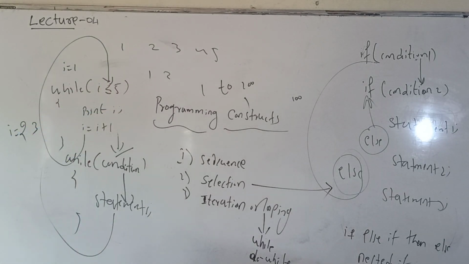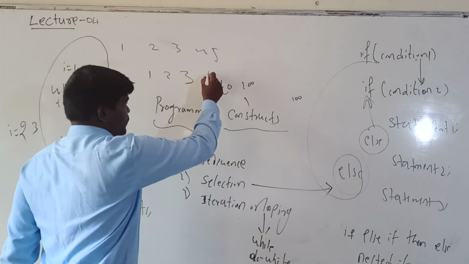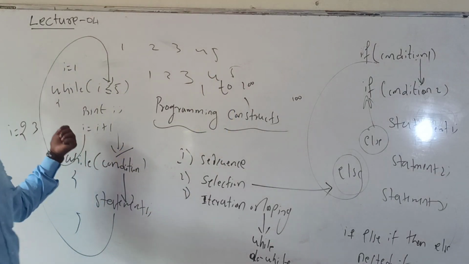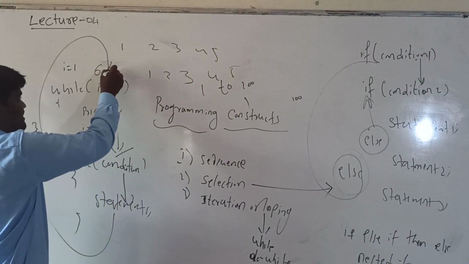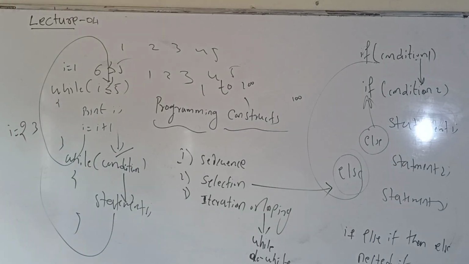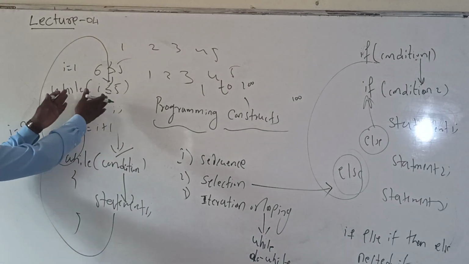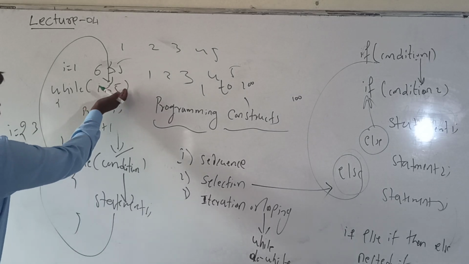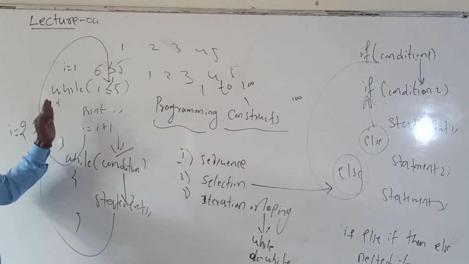Again 3, next 4, next 5, and i becomes 6. 6 is less than or equal to 5, the condition is false. Once the condition is false, it will come out of the loop. So this is the while loop.